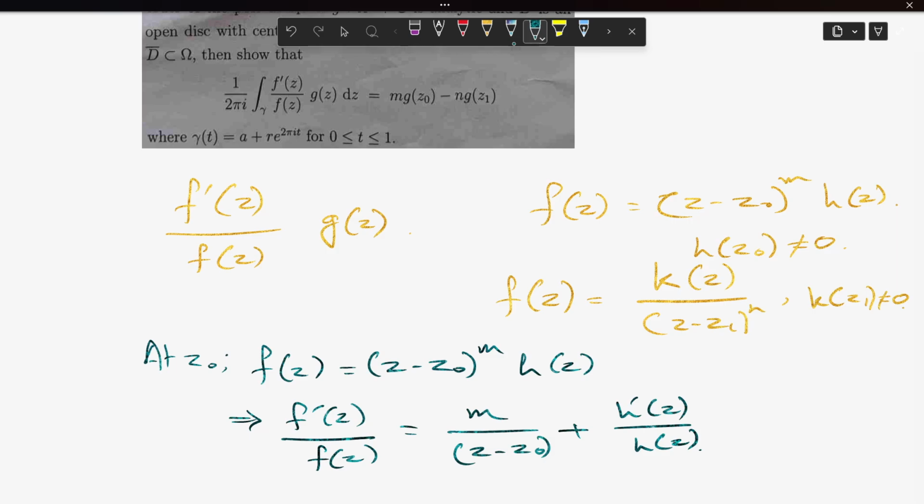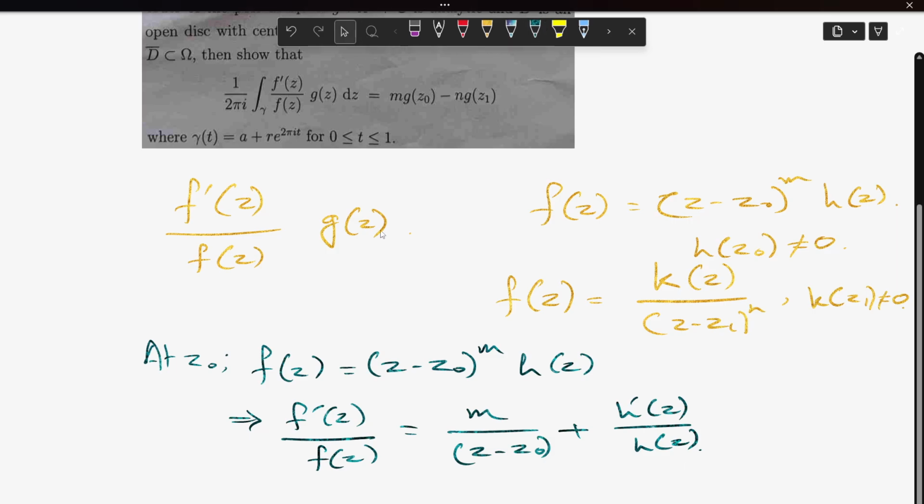The second part is z minus z0 to the power m, which is constant, so it cancels out in the numerator and denominator, and we get the derivative of h z, so that is h dash z by h z. That's why we get this.